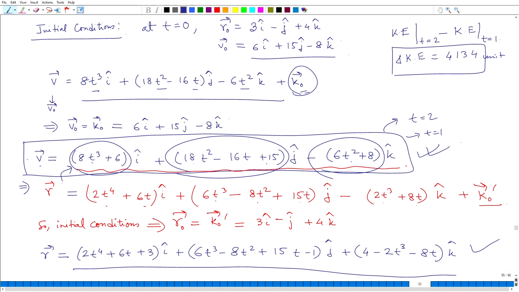We will show that for a conservative force field, the work done is independent of the path chosen, but this will not be true for a non-conservative force field. However, you should not forget that irrespective of whether the force field is conservative or non-conservative, the work energy theorem is always true.